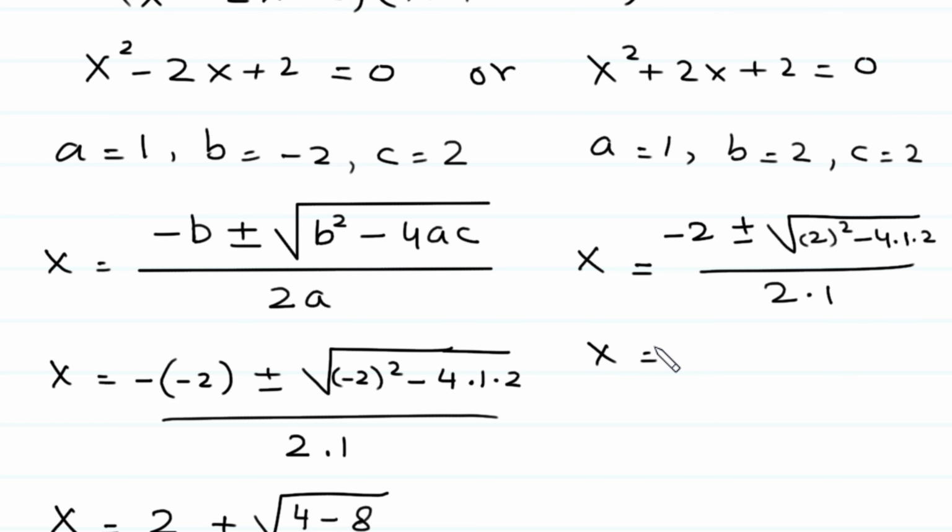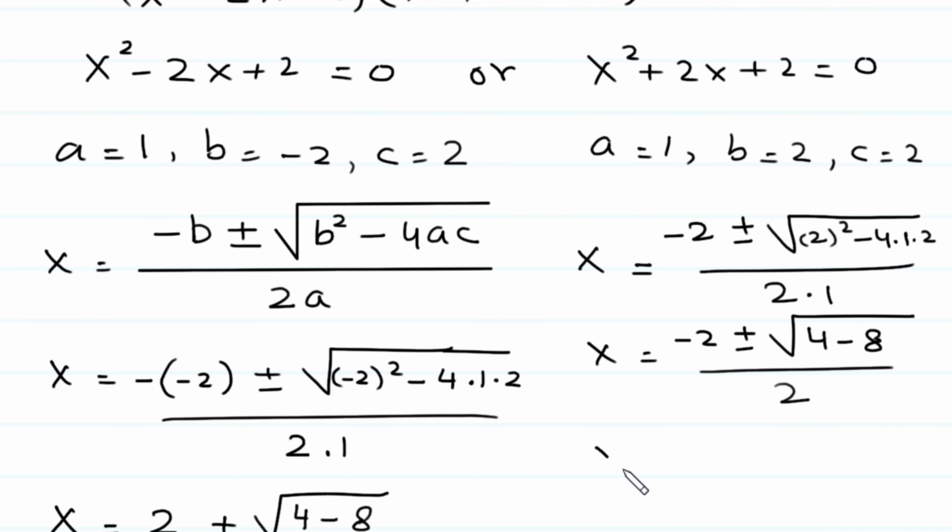x is equal to minus 2 plus minus square root of square of 2 is 4, minus 4 times 1 times 2 is 8, divided by 2 times 1 is 2. x is equal to minus 2 plus minus square root of 4 minus 8, that is minus 4, divided by 2.